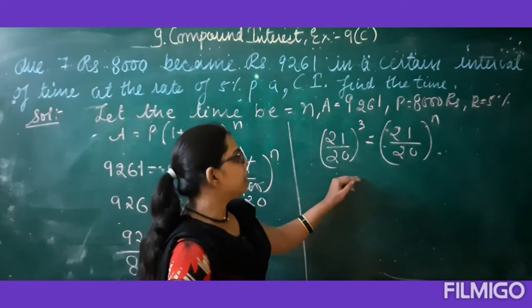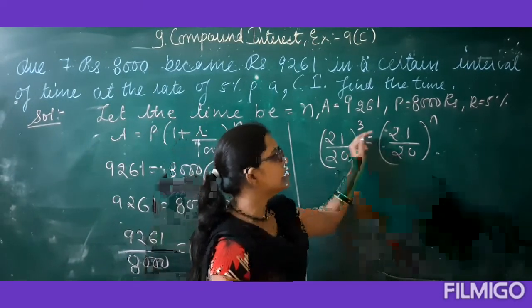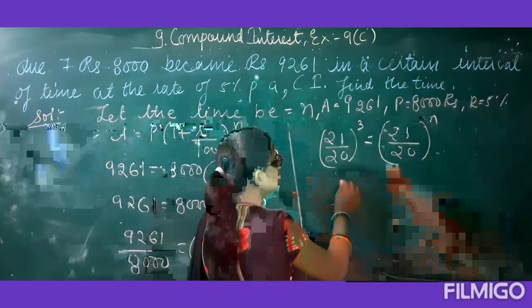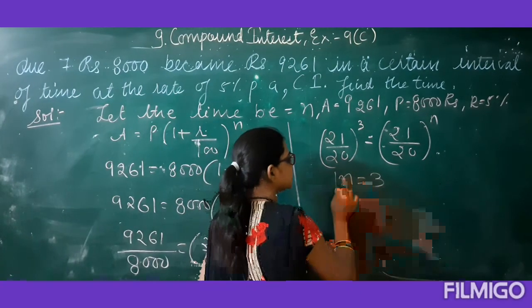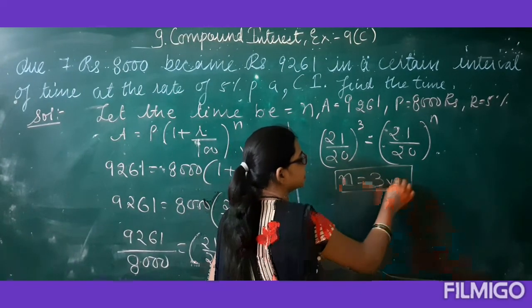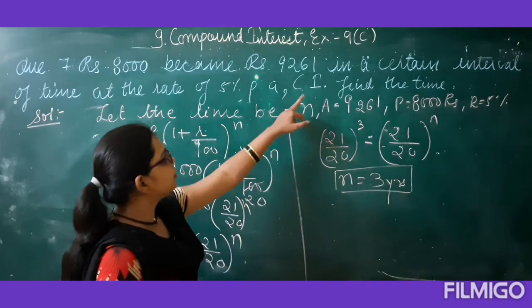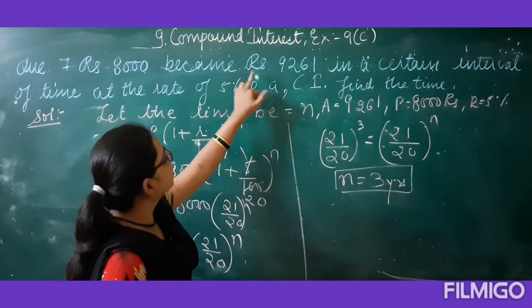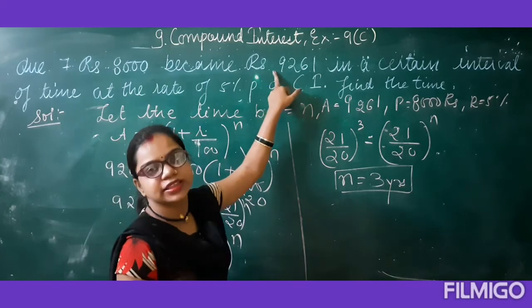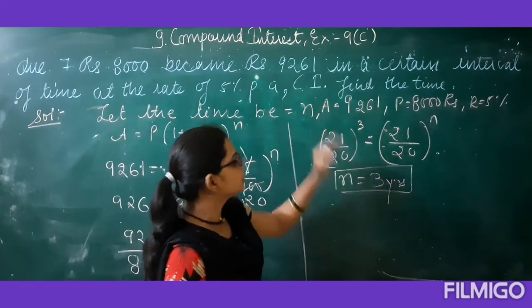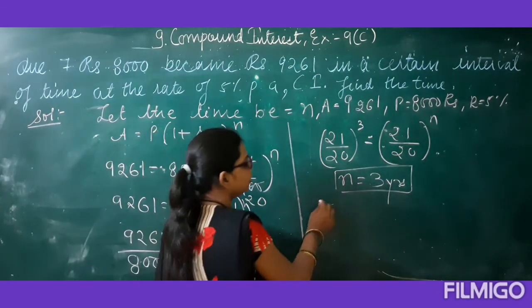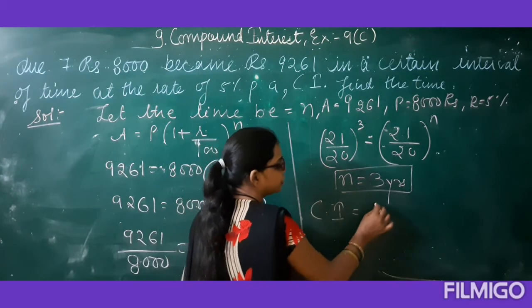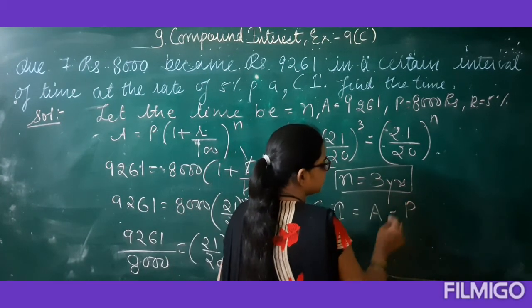In exponents and powers you have studied, if the bases are the same, we can equate the powers. So from here, n is equal to how much? 3 years. So what is that particular interval of time in which this 8,000 rupees will become 9,261? That is 3 years. Now what you have to find out? Compound interest. Compound interest is amount minus principal.